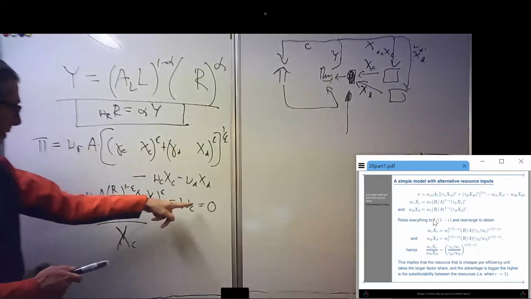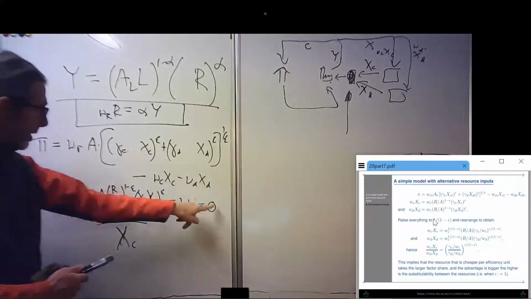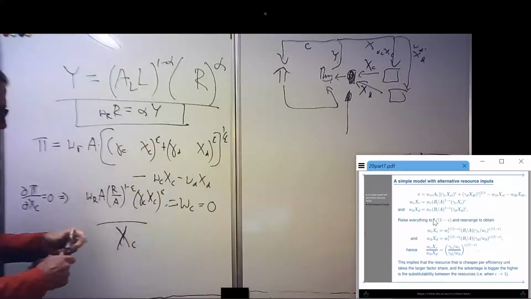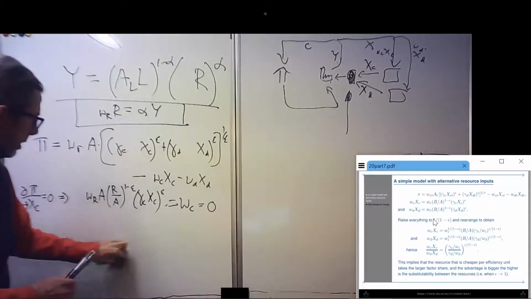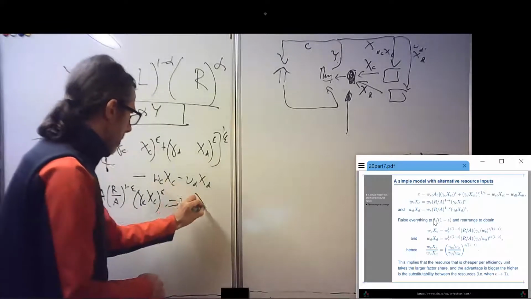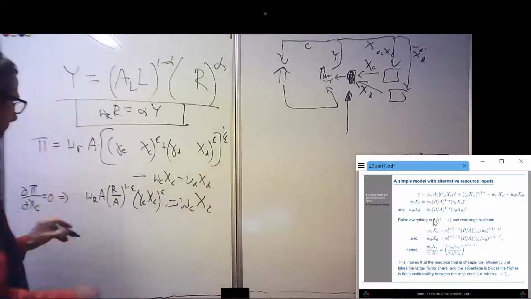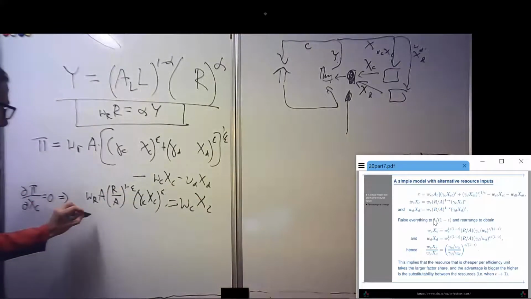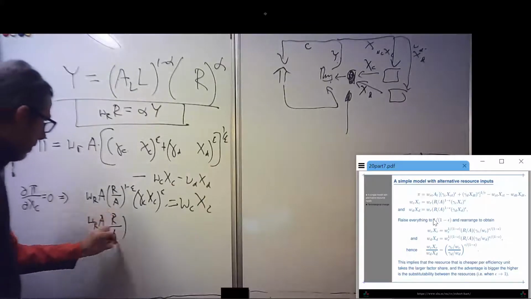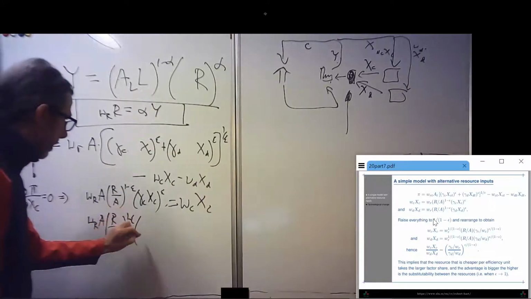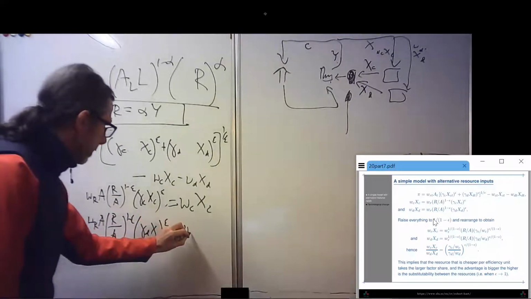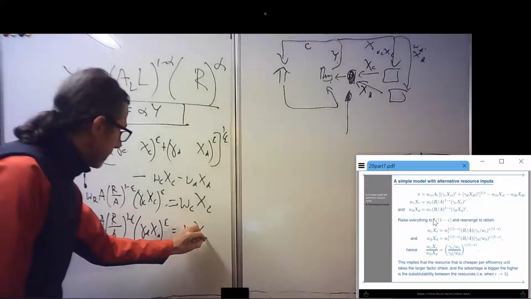And then, of course, we can bring this over and bring the XC up, and we have that. And then we have a symmetric expression: WR A, R over A to the 1 minus epsilon, gamma D XD to the epsilon equals WD XD.